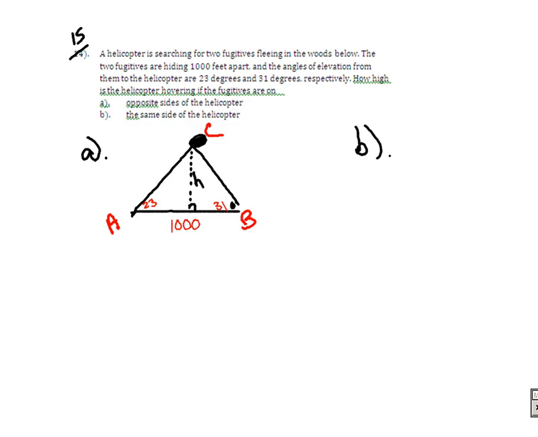So when I do that, I should then be able to say immediately, okay, this big angle C, this whole thing, is going to measure 126 degrees. Angle C is 126 degrees.